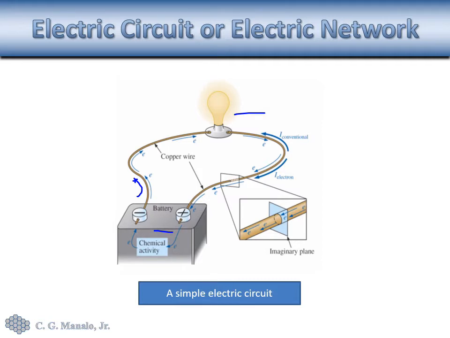So this is a very simple circuit, and your flashlight, the one we use in households, is actually constructed this way. Without the switch, of course, as shown here, so there's no switch. But basically, the flashlight is constructed this way.